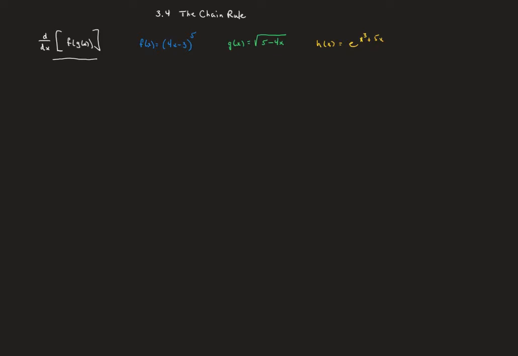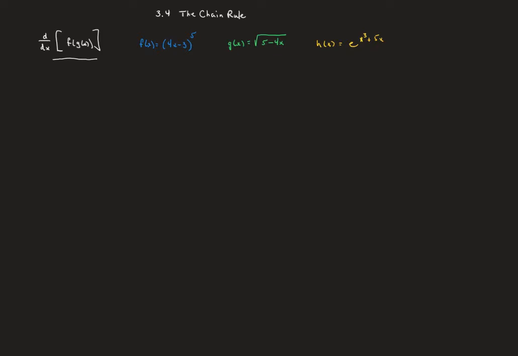And h of x has the inside function x to the third plus 5x that's sitting inside the e to the x function. So part of the challenge here is to get skilled at identifying composition of functions. When we have an f of g of x, which function is the g of x and which function is the f of x? Because that's going to matter.